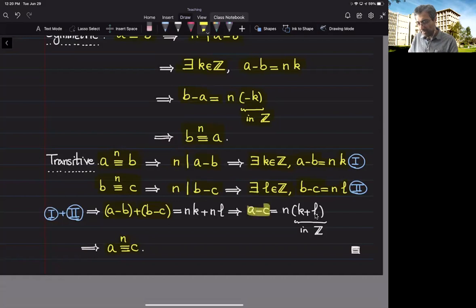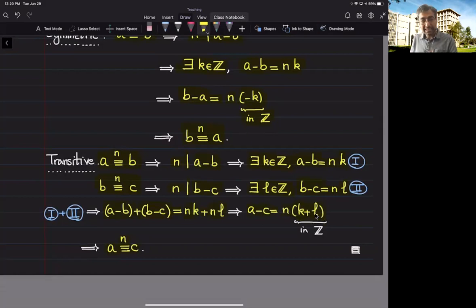I end up getting A minus C, which is a good sign. And on the right-hand side, I get NK plus NL. And I can factor out N, and I end up getting N times (K plus L).